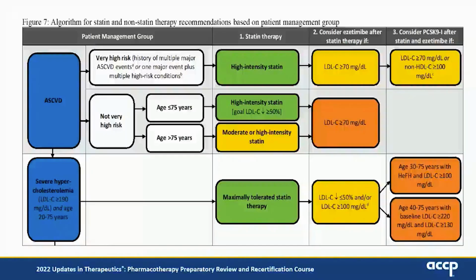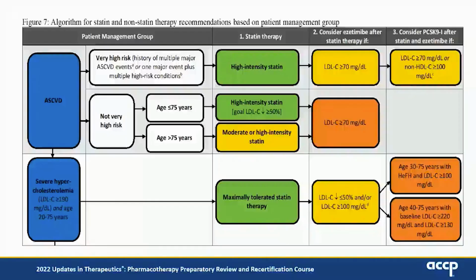And this is also guided by these different benefit groups. So you can see we've already talked about the statin therapy column. The next column is, when will we consider ezetimibe therapy? So for patients with ASCVD, the guidelines say if the LDL-C is at least 70, you can consider adding on ezetimibe therapy second line. And then in our patients who are very high risk, if we still don't get to goal with ezetimibe, we can add on a PCSK9 inhibitor.